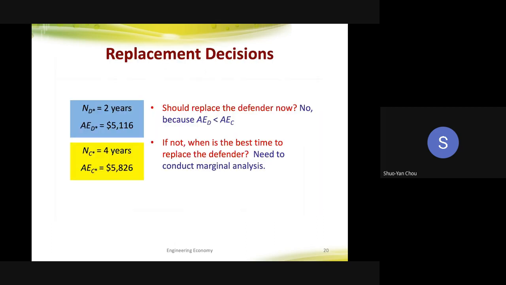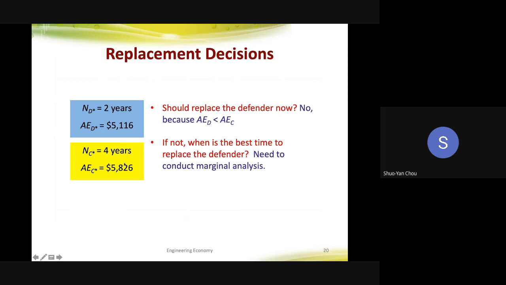Again, it's not just looking at this. We need to do marginal analysis. Here, it seems that we shouldn't replace. But then when should we replace? We think it's economic, and at least in 2 years we shouldn't replace it. But after 2 years, when should we replace it?